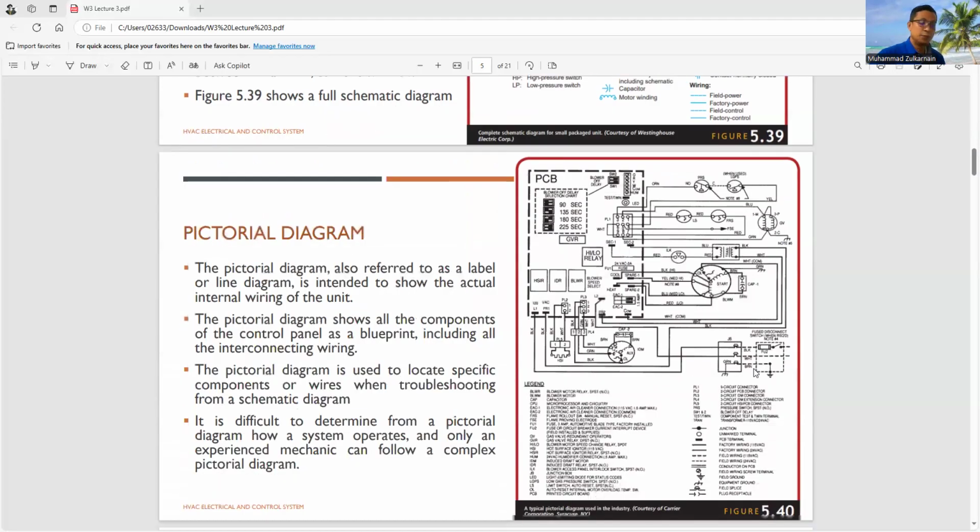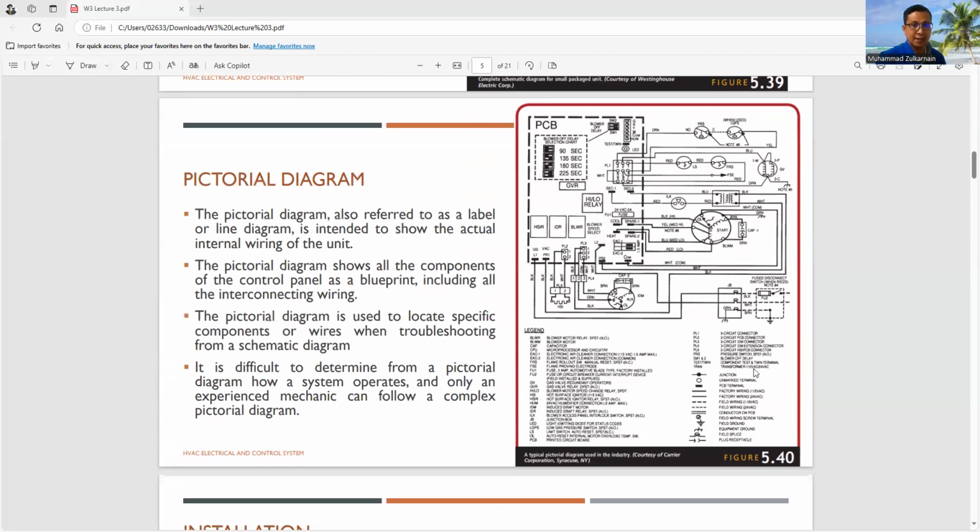Then we go to the second method or type of circuit reading, the pictorial diagram. The definition: the pictorial diagram, also referred to as a label or line diagram, is intended to show the actual internal wiring of the unit.